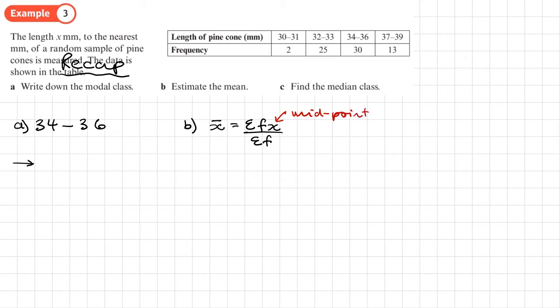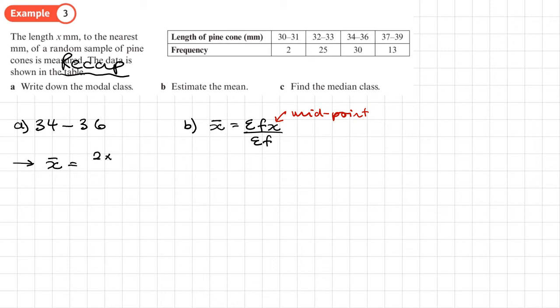So let's do our working down here, because it's going to take a bit of space. To find a midpoint, we can add the class boundaries together and divide by 2. So x bar, my estimate for the mean, will be the first midpoint, which is 30.5.